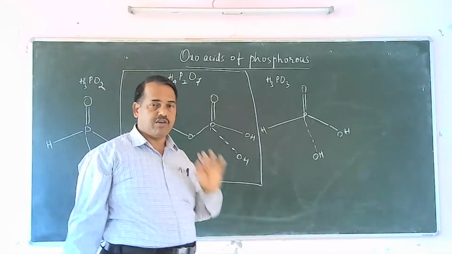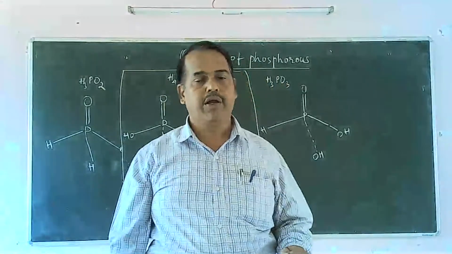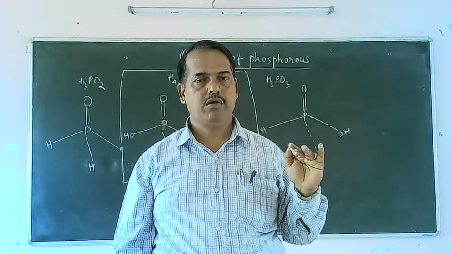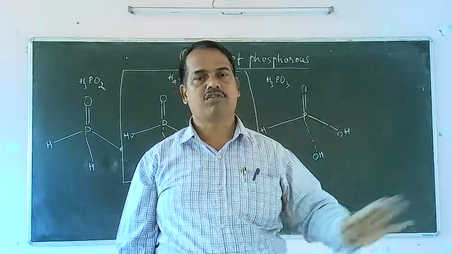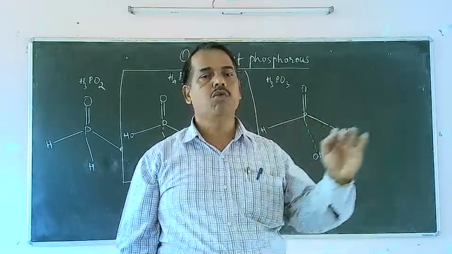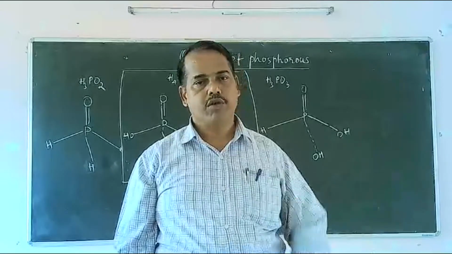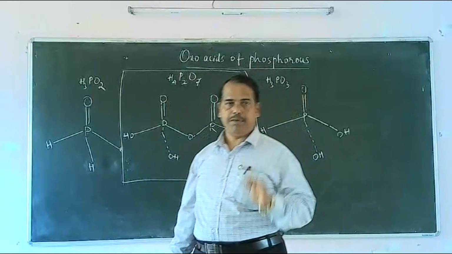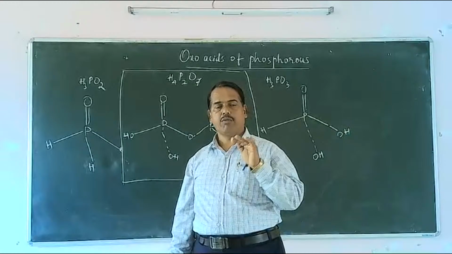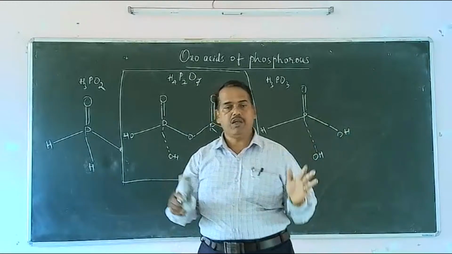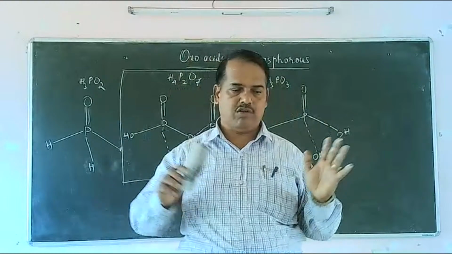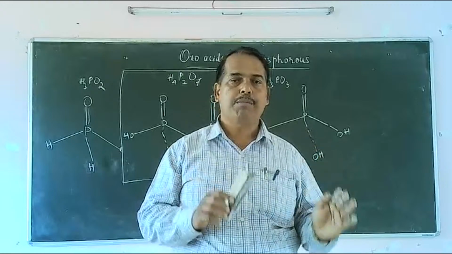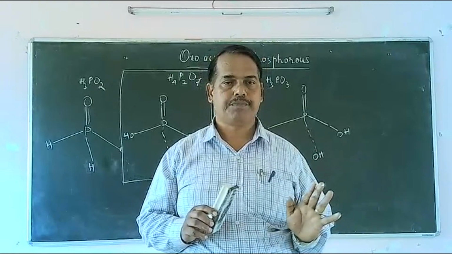For all types of oxoacids of phosphorus, we can find common bonds, that is P=O, which is a double bond, where the phosphorus atom is attached with oxygen, and another one is P-OH. So any oxoacid contains these two common bonds. The remaining, if different in oxidation state, may contain a P-P bond or a P-H bond, not both.